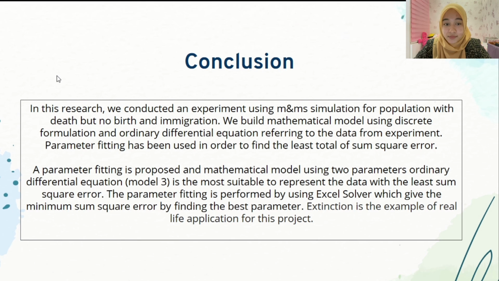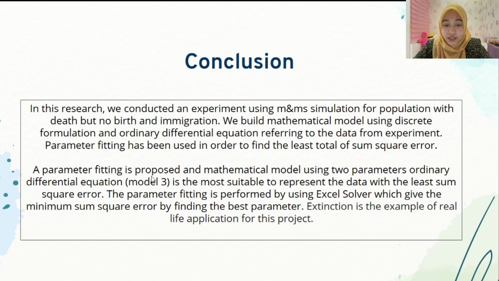Conclusion. In this research, we conducted an experiment using M&Ms simulation for a population with death but no birth and immigration. We built a mathematical model using discrete formulation and ordinary differential equations referring to the data from the experiment. Parameter fitting has been used in order to find the least total sum square error.